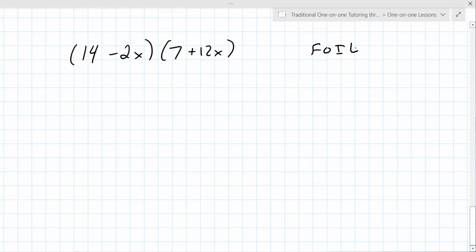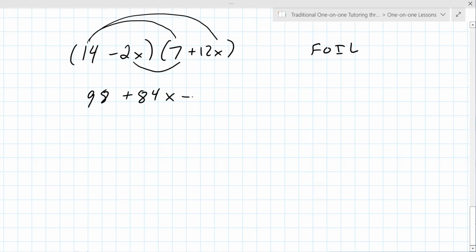If you recall FOIL, you take that 14 and multiply it by 7, and you'd say, oh, that's 98. You take the 14 and multiply it by the 12x, that's 84x. Then the inner, minus 14x, and then the last, minus 24x squared.